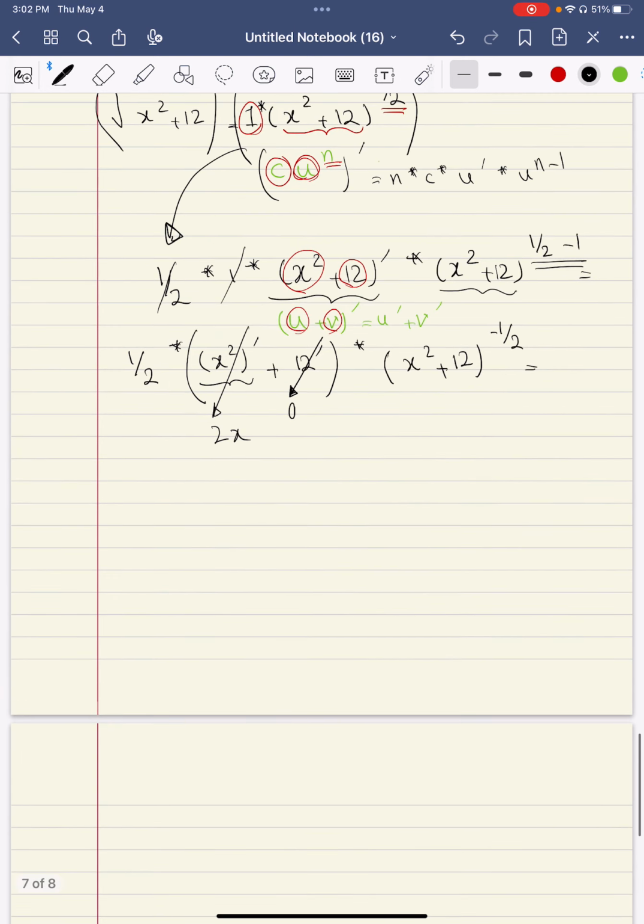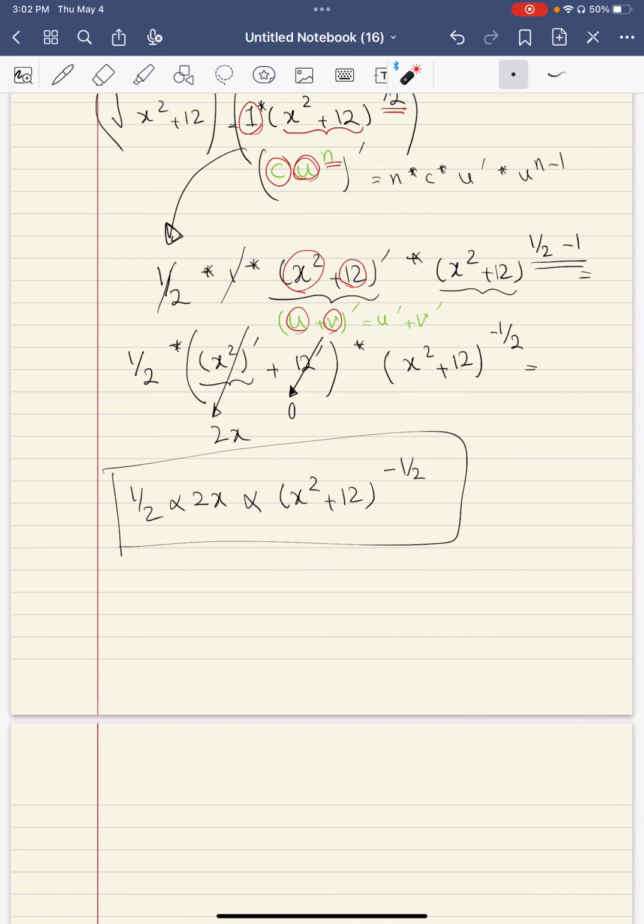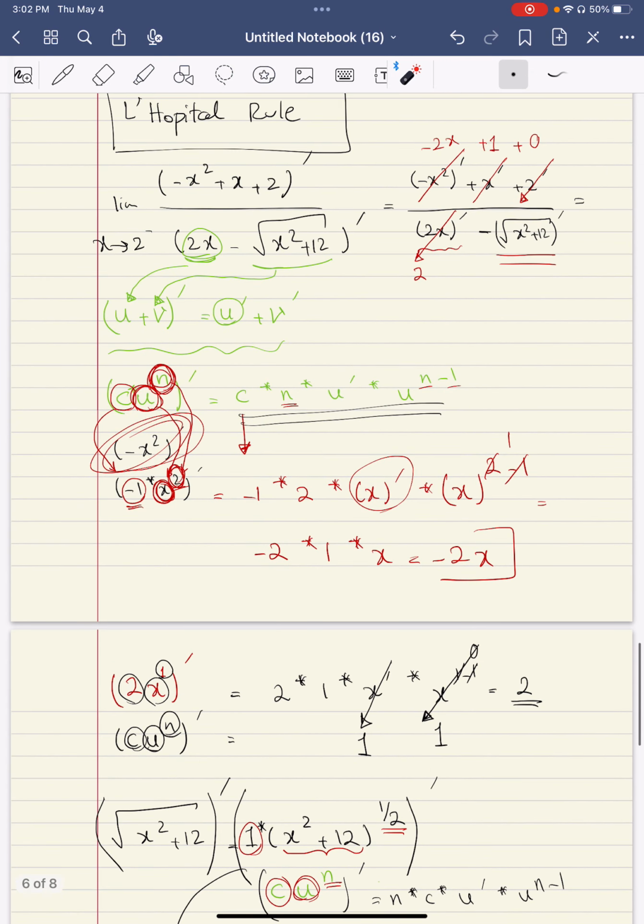So we have 1 over 2 times 2x times x to the power of 2 plus 12 to the power of negative 1 over 2, right? So this is going to be the answer for this part of the question.